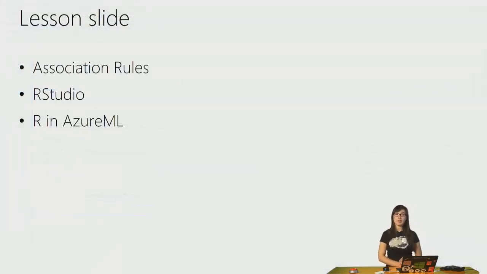Wrapping up this third module, what we've learned is we learned about association rules, about certain terminologies such as transactions, rules, confidence, and support. Then we've actually done a step-by-step demo in our studio first, based on some items frequency set of our AdventureWorks database.